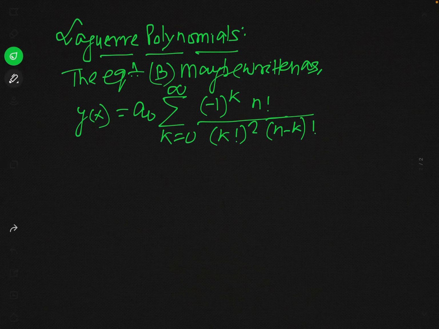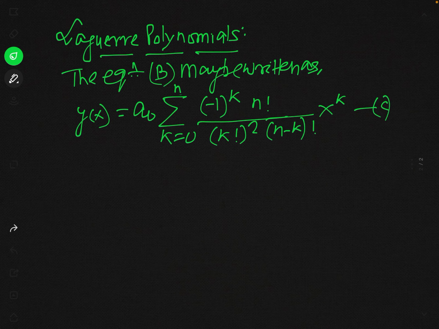Sorry, here there will not be infinity, but there will be n. So a naught summation k 0 to n minus 1 raised to the power k n factorial over k factorial square times n minus k factorial into x raised to the power k. You can write it. Say this is equation C. So this is actually the solution of Lagrange differential equation.